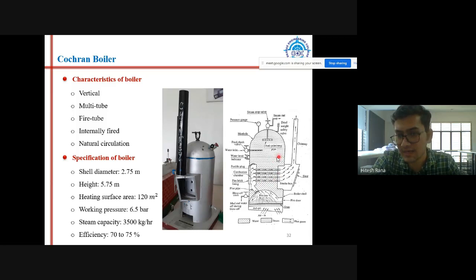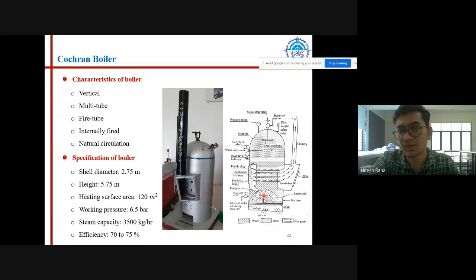And from this diagram only, you can see the water is outside, and inside the tubes you can see the flue gases going. In this arrangement, where flue gases are inside the tubes and the tubes are surrounded by water, we call it a fire tube boiler.